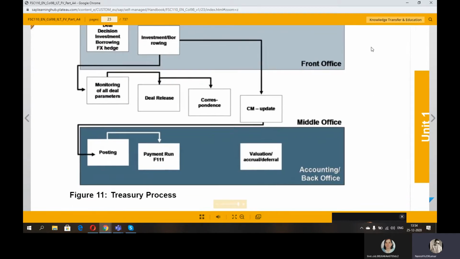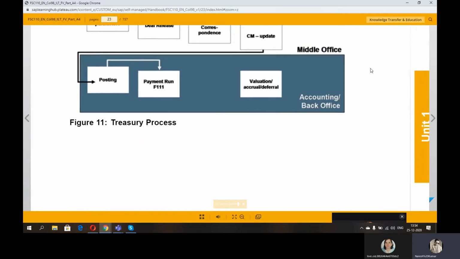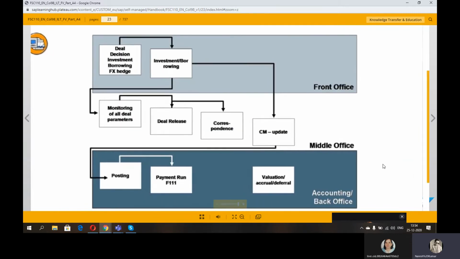Okay, what will happen in middle office is monitoring of all deal parameters, deal release, correspondence, CM, cash management update. Okay, then the final accounting back office will be taken: posting, payment run by using F111, valuation or accrual or deferral will be taken. So this is the treasury process.